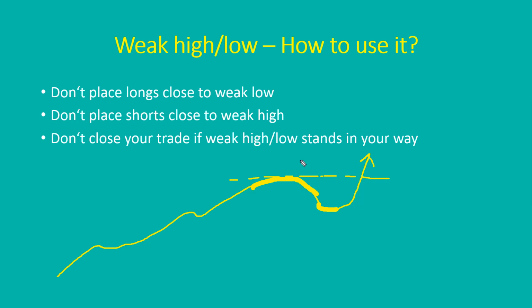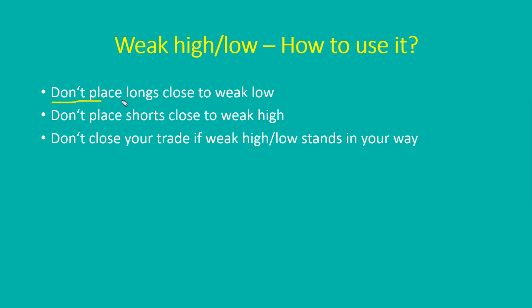There isn't a sign of aggressivity. So the price tests above it again. So this is why you shouldn't place your shorts close to the weak high. All right, so it's not very clever to place shorts close to the weak high like this.